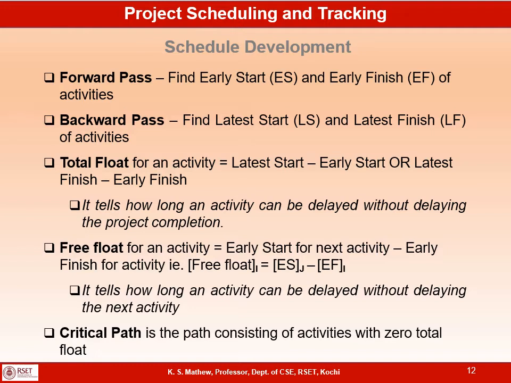So once you complete the forward pass and backward pass, you will have 4 values for each activity: early start, early finish, late start and late finish. Then you will calculate a third value for each activity, which is the total float, which is the difference between late start and early start, or late finish and early finish. It is called total float.